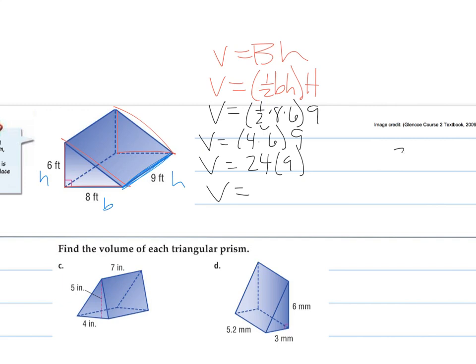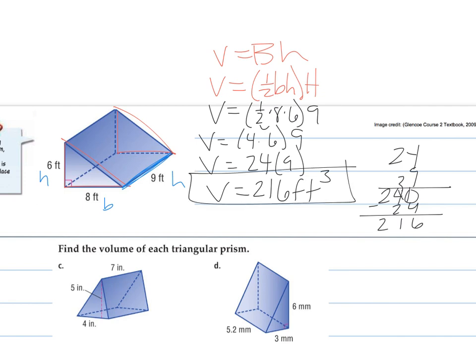Nope. So 24 times 9. And I'm going to get, well, 24 times 10 would be 240. So I'm going to do 240 minus 24 for 216 cubic feet. So notice how I worked all the way down until I got my answer.